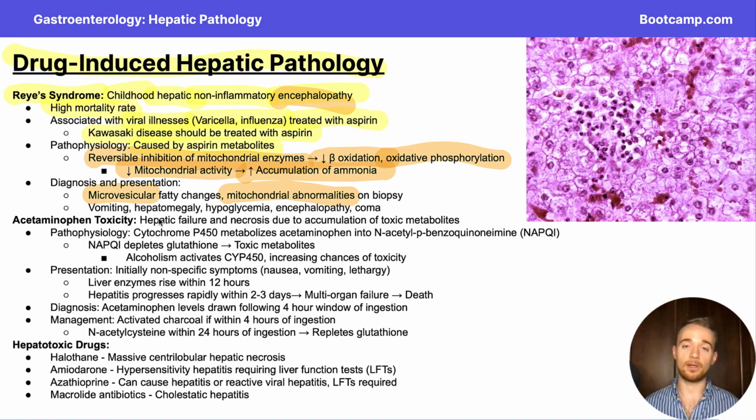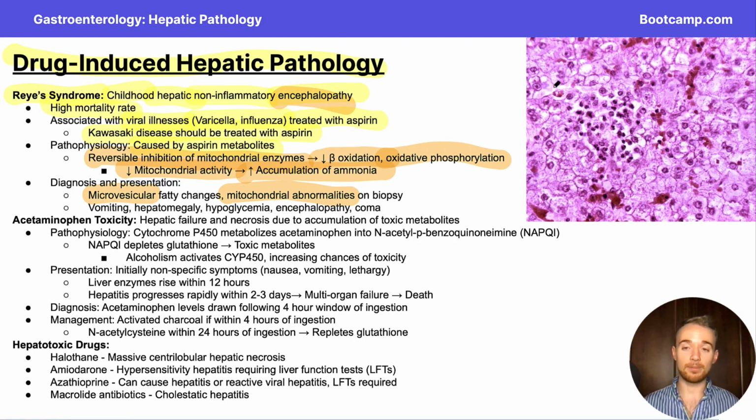The vast majority of the time we're talking about a liver biopsy, we're going to be talking about macrovesicular change. You may remember this from our discussion about alcoholic hepatitis, as well as viral hepatitis. Pretty much any other form of hepatitis except for Reye's syndrome is going to be discussing macrovesicular fatty changes, while Reye's syndrome is going to present with microvesicular fatty changes.